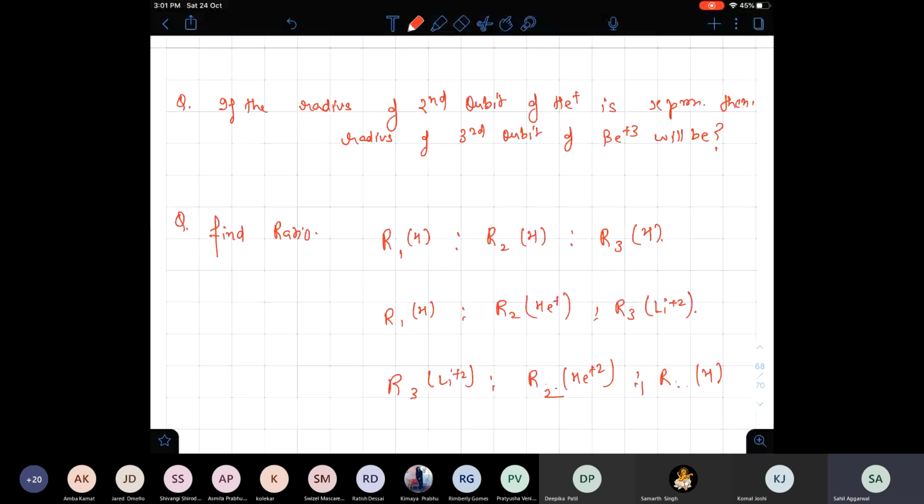What about others? Yes, it is in picometer only.